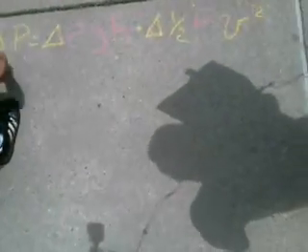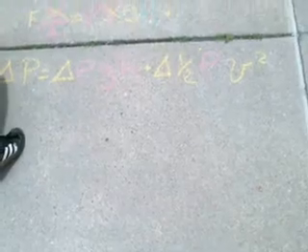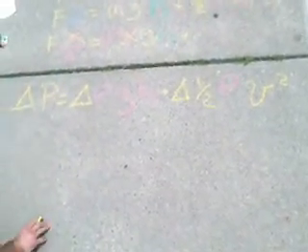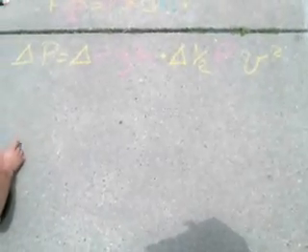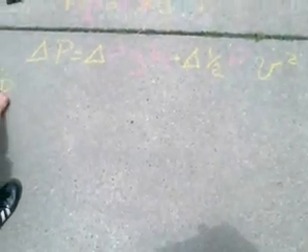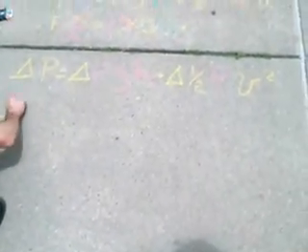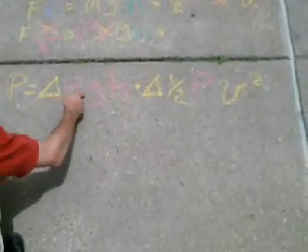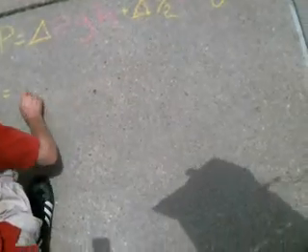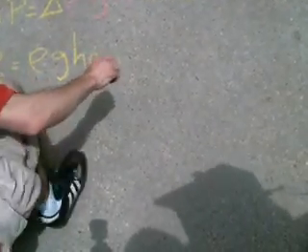But what it'll end up looking like is, you can call it changes, you can move them over and call it all the same. But this would be what? A PF minus a PI is the same thing as a rho g (hF minus hI), if you factor it out like that.